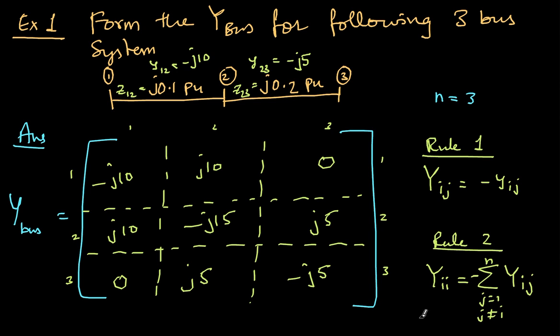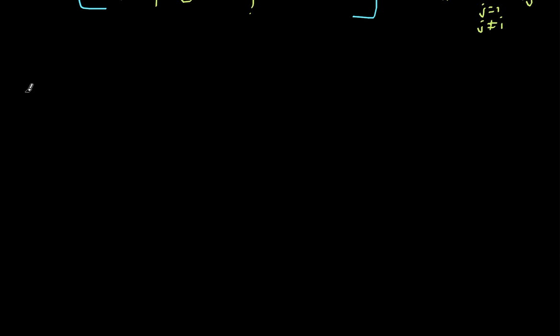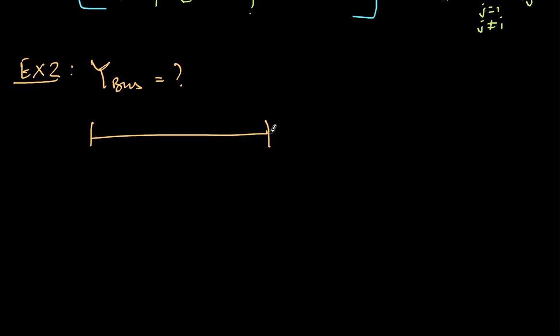Okay, let me slightly change this and show you what happens. Let's call this example 2. For a system like this, this is j0.1 and this is j0.2.